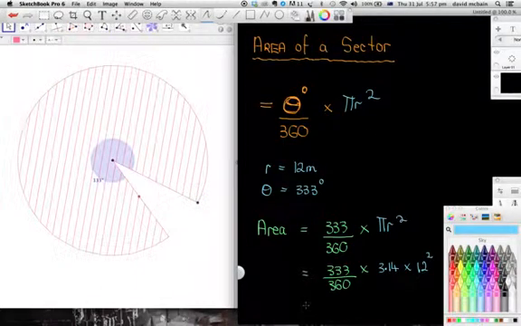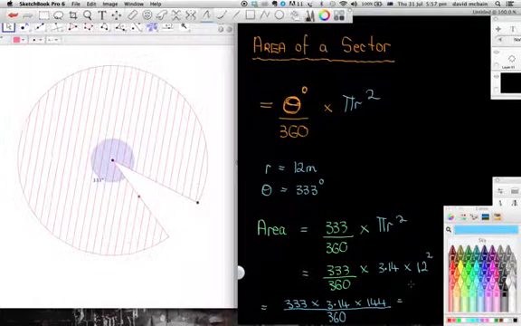So that will then finally equal, I'll do it like this first, 333 times 3.14 times 12 squared. Well, 12 squared is 144. And all of that is going to be divided by 360.